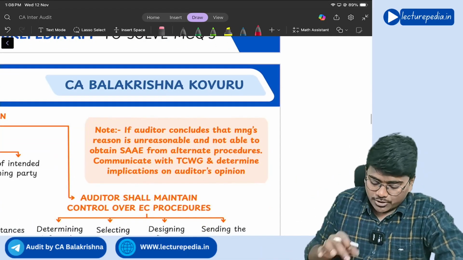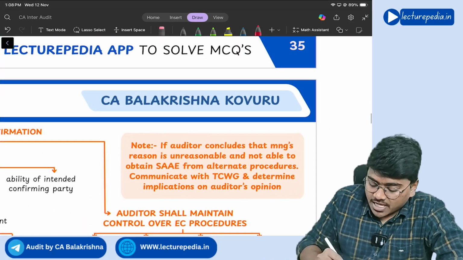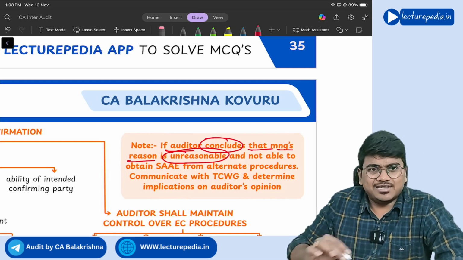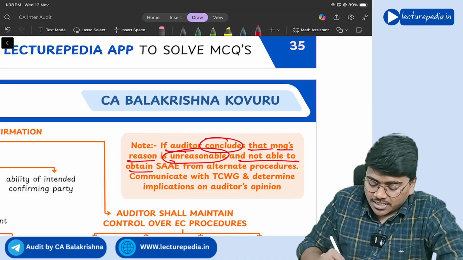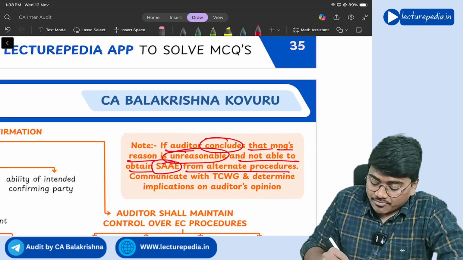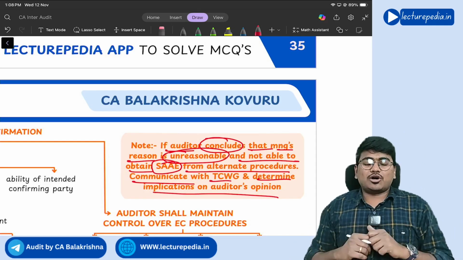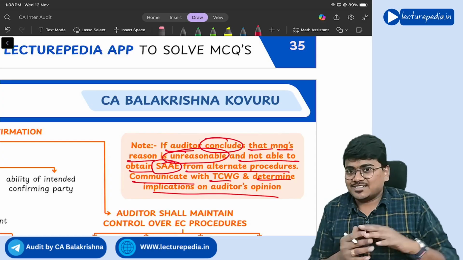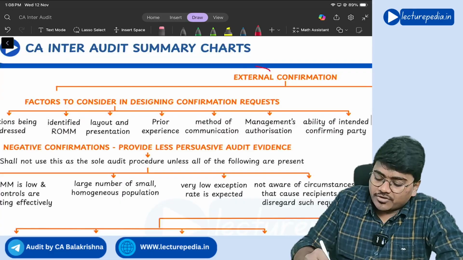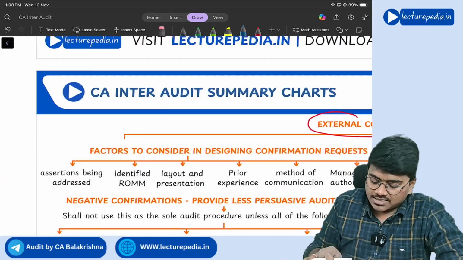If you are not able to, and the auditor concludes that management's reason is unreasonable and is not able to obtain sufficient appropriate audit evidence from alternate procedures, then communicate with those charged with governance and determine implications for the auditor's opinion. Got it? Yes.